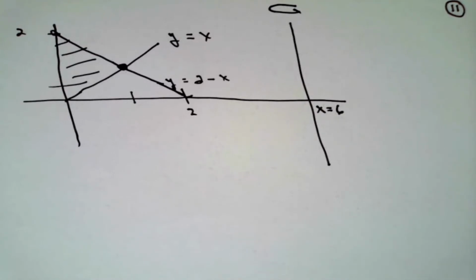That's going to require that x and 2 minus x be the same number. If x is 2 minus x, if you add x to both sides, you find out that 2x has to be 2, and then obviously that tells you that x is 1. The limits of integration with respect to the x variable are x equals 0 and x equals 1.